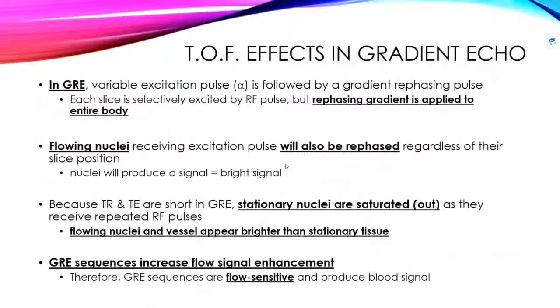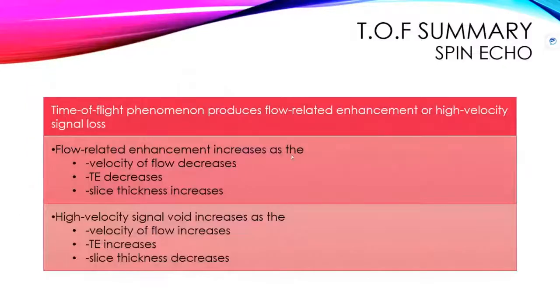Flow-related enhancement increases as the velocity of flow decreases, which is not something you can do anything about. The time of echo decreases and the slice thickness increases. So if the flow of blood is slow, if your time of echo is short, if your slice thickness is thicker, then you're going to have more flow-related enhancement, which means you're going to have a brighter signal.